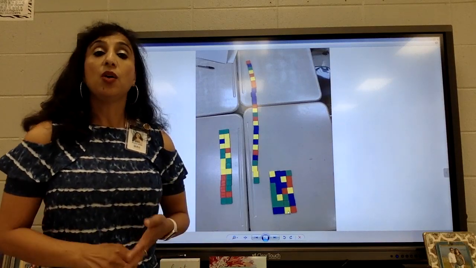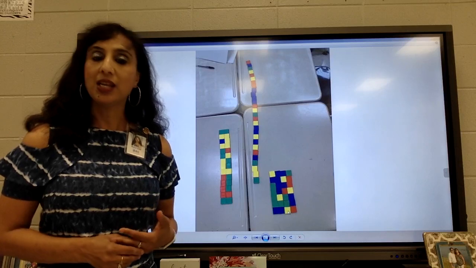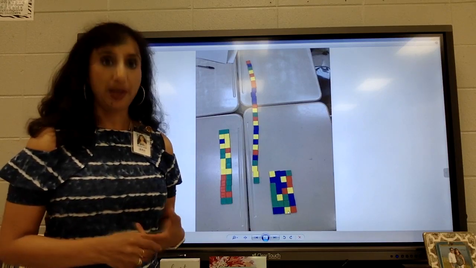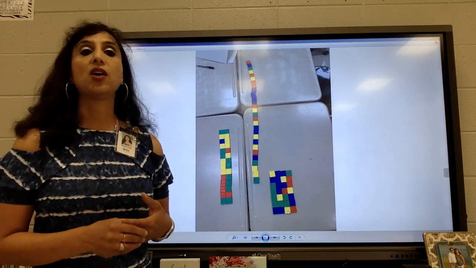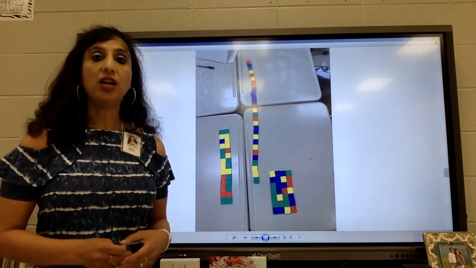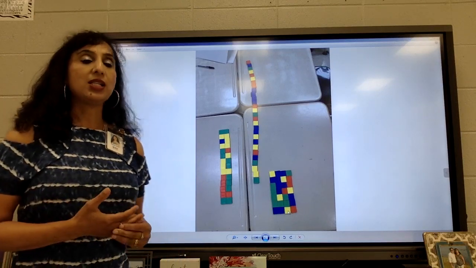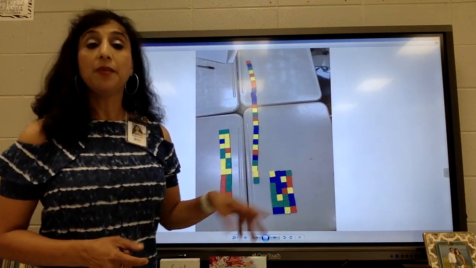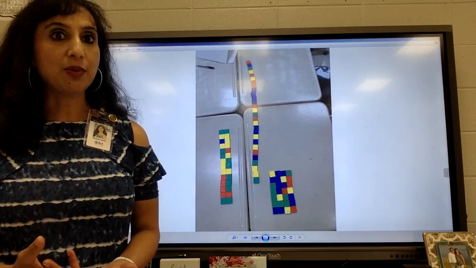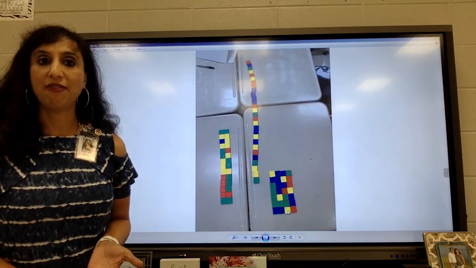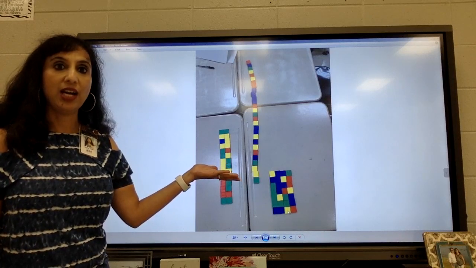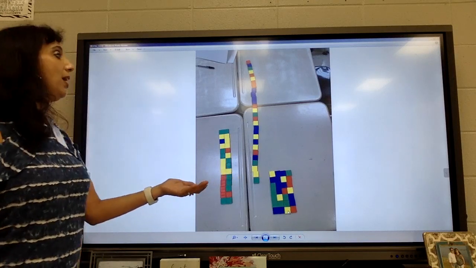So it's said to find area with 28 square units, and I gave them the choice of they could construct it any way, all right, as long as, of course, it was a regular polygon. So in this case, they have 28 square tiles in there. And so if you took the length times width, you would have just done 4 times 7, which is 28 straight out. So that is actually the area formula.